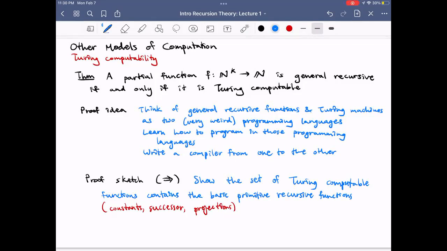And is closed under those operations that we saw before. So it's closed under composition/substitution, primitive recursion, and minimalization.